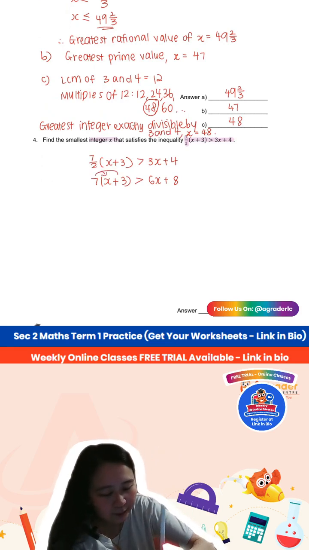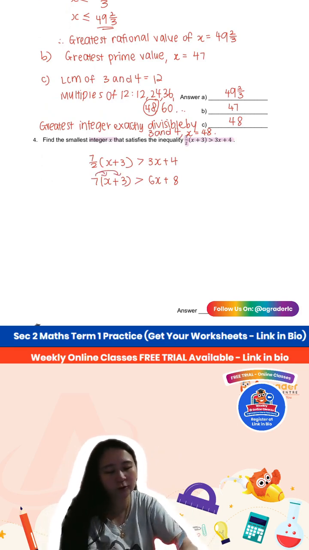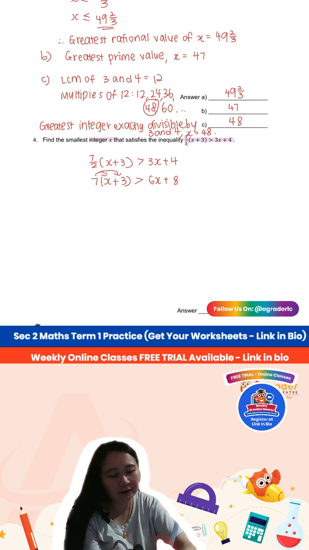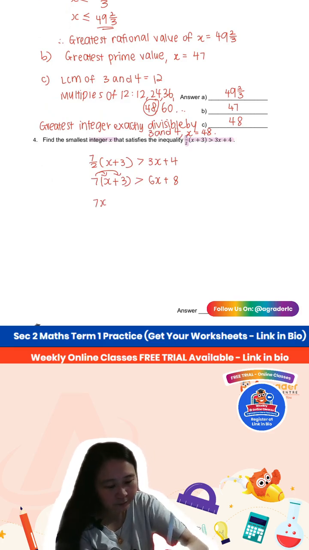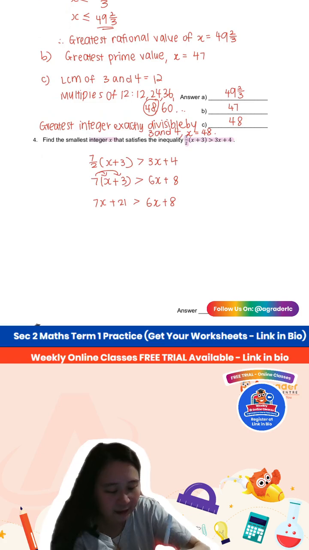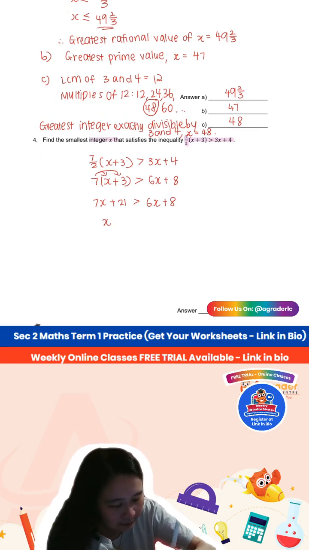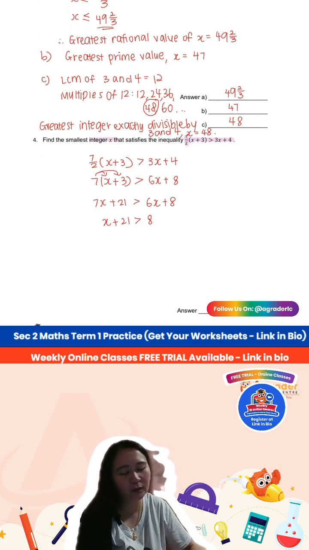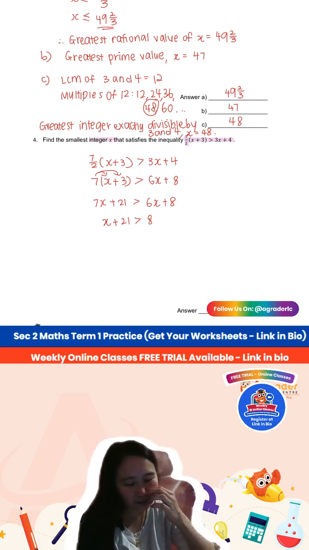Next, we will expand using the distributive law. So 7 times x, we get 7x, plus 7 times 3 is 21. Then we minus 6x on both sides. We get x plus 21 is greater than 8.